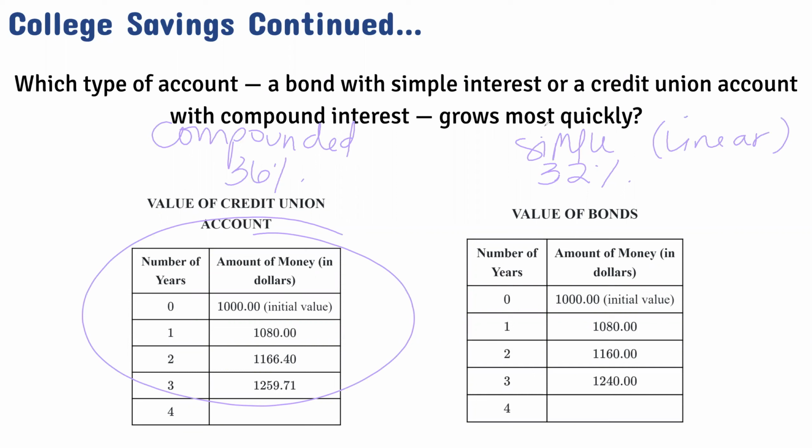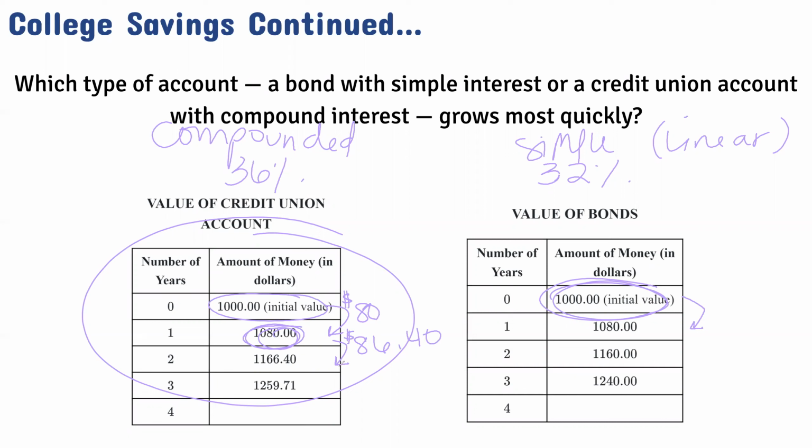Okay. And that's because in a simple, you're only adding the interest you got from 1,000. Whereas compounded, you're earning interest on your new value each year. So here, you only got 80 bucks. However, from here to here, you're no longer just taking 8% of your initial value. You're taking 8% of your new value and adding it to here. So you're adding 86.40.